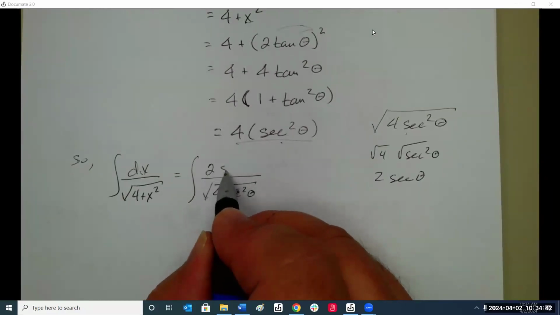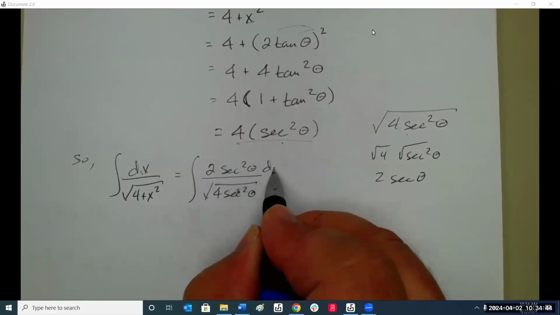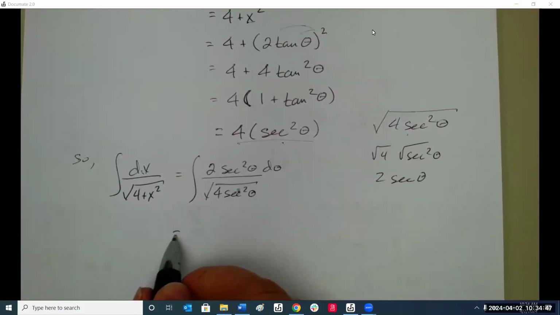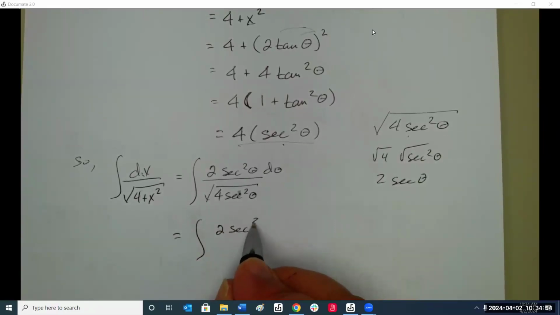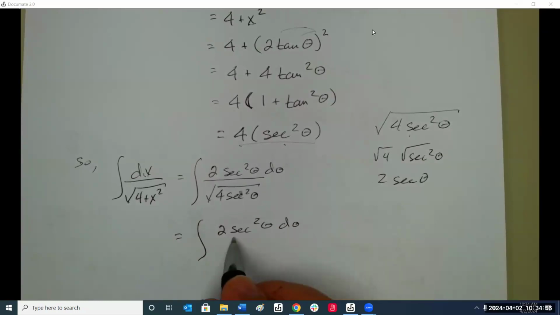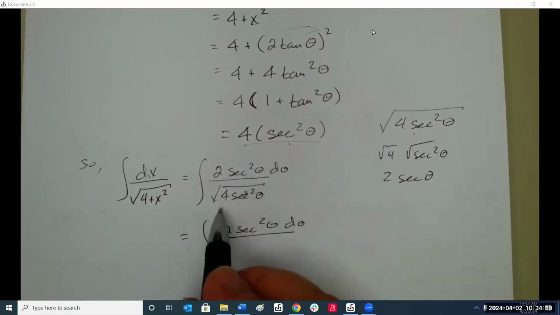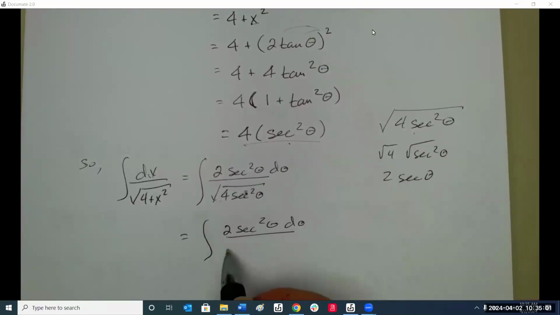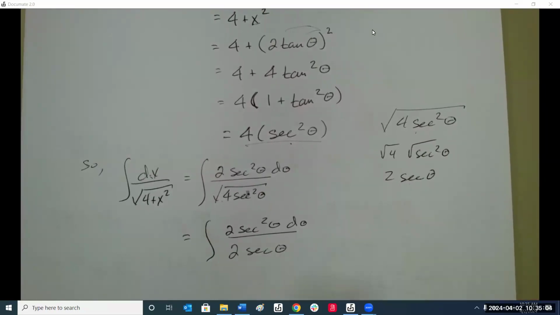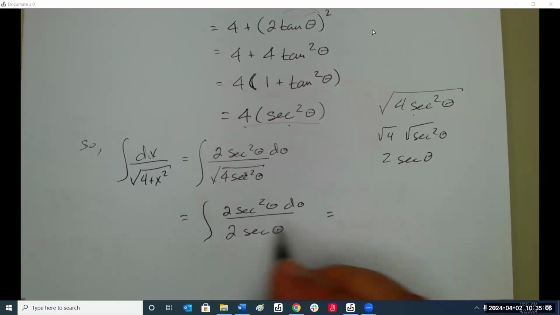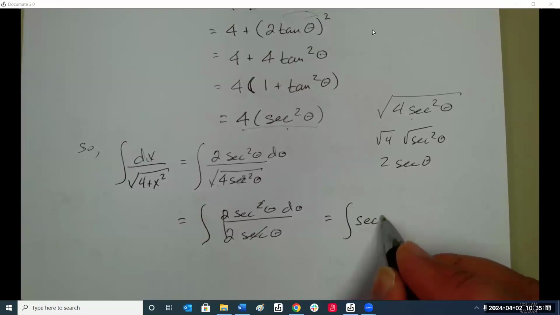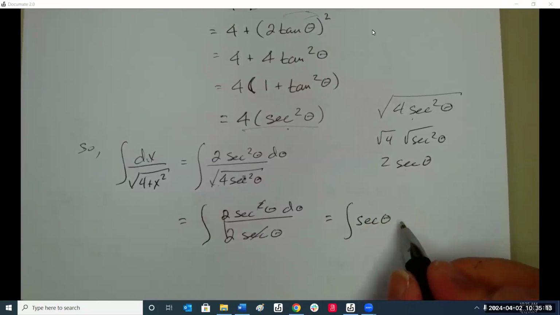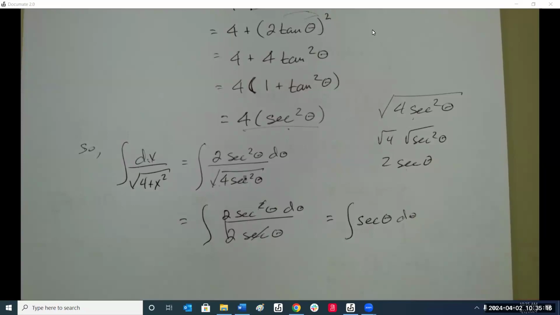So it's 2 secant squared theta d theta. 2 secant squared theta d theta over 2 secant theta. The 2's cancel. So we're looking at the integral of secant theta d theta.